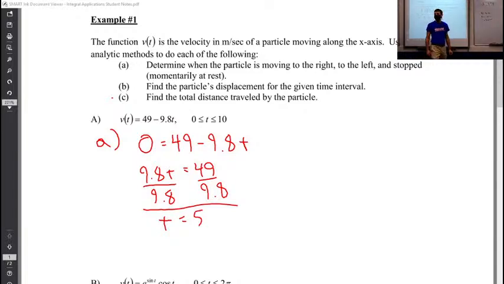Yes? Sign chart. Because particle's moving to the right when velocity is positive, and moving to the left when velocity is negative.